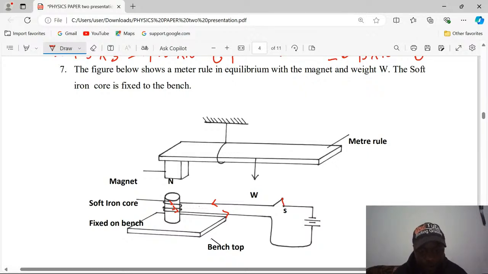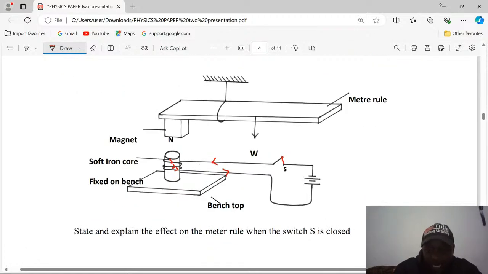Apart from the right hand grip rule, we can also use the clock rule. Let us look at the way the batteries have been connected. You will be able to see that the positive terminal is at this end.